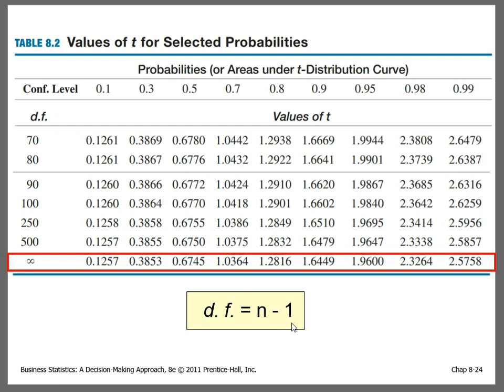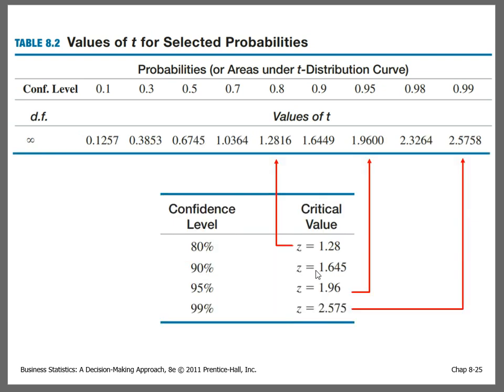It is also worth noticing that the t distribution values when the degrees of freedom is infinite, or when the sample size is very large, are very familiar. It is because the t values go towards the z values as the sample size increases.